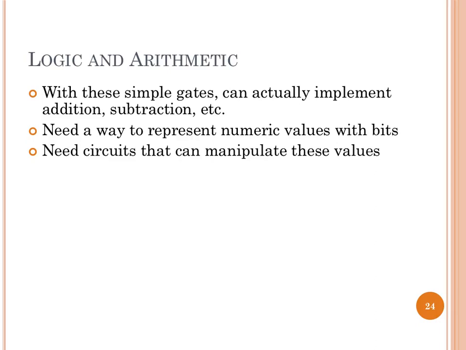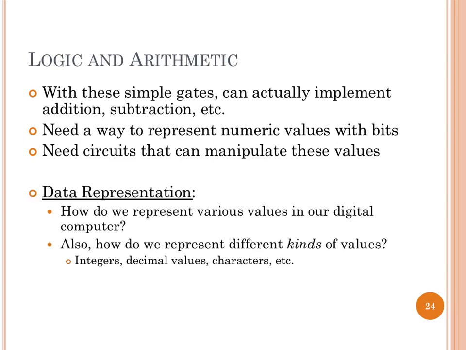Then we're screwed, right? We have to come up with a way of representing those things. This is all part of the data representation question: how do we represent values? And you could ask that in a broad range of contexts. How do I represent text data? How do I represent floating point numbers or fixed point numbers or arbitrary precision numbers, which are frightening?